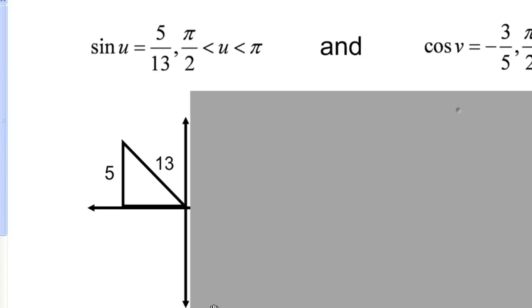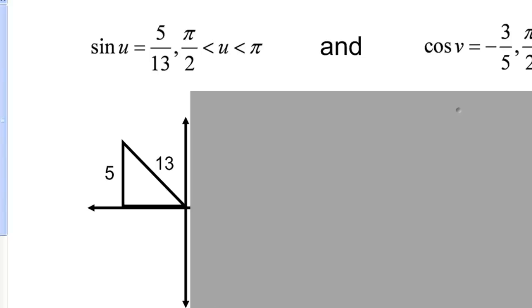If I put a triangle in the second quadrant, and I'm putting that in the second quadrant because they gave me information that angle u is between pi over 2 and pi, or between 90 degrees and 180, so it's in the second quadrant. Since the sine is the y-coordinate over the radius, I've marked my triangle appropriately.